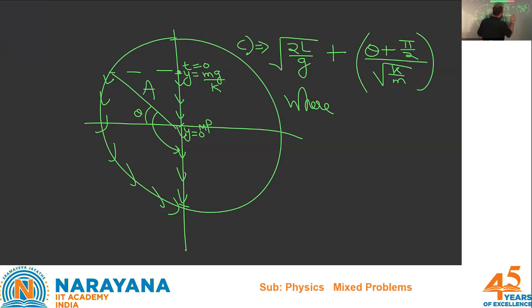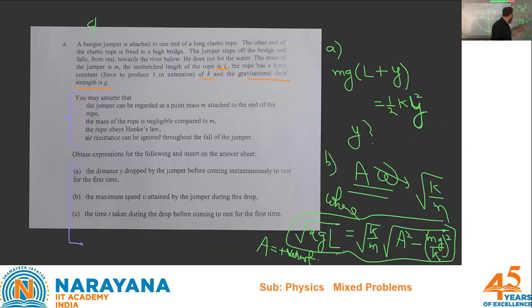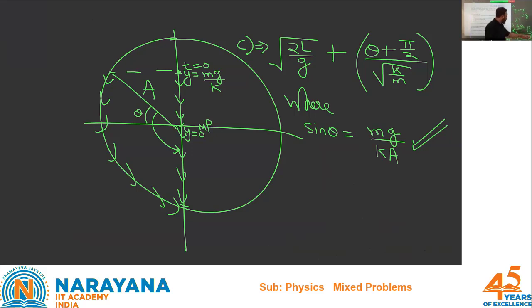If you write the expression for sine theta, sine theta comes up as mg by k into A. I think the value of A has been given to you. I have already calculated A from the previous equation, a bit of calculation, but that will serve the purpose in the problem.